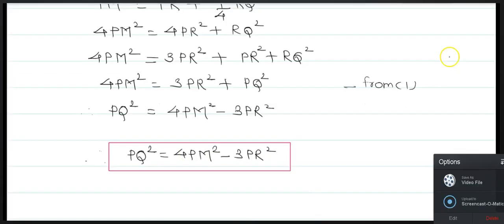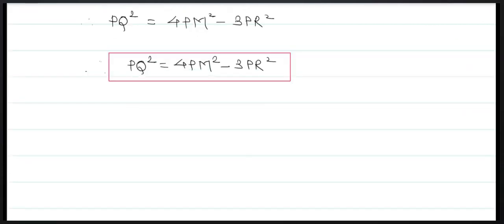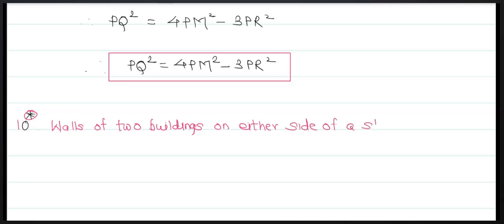Now the next is: walls of two buildings on either side of a street are parallel to each other.